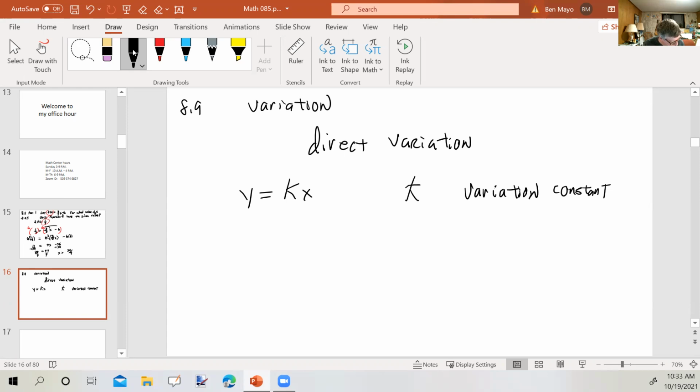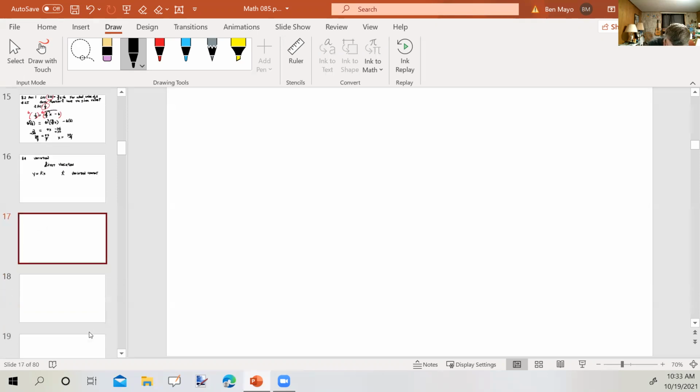An object in free fall travels a distance s that varies directly to the square of the time t. So s is the distance that an object falls, and t is time in seconds. Okay.